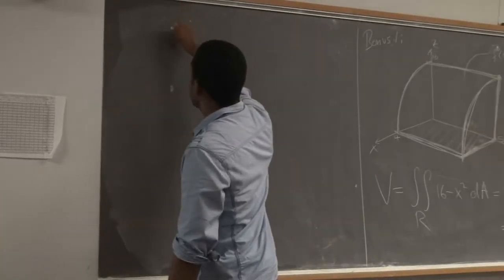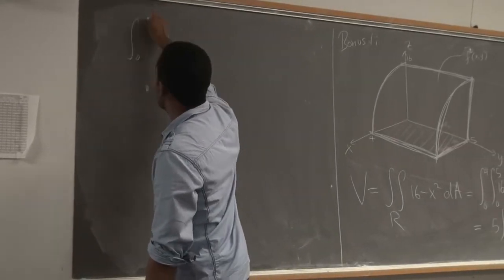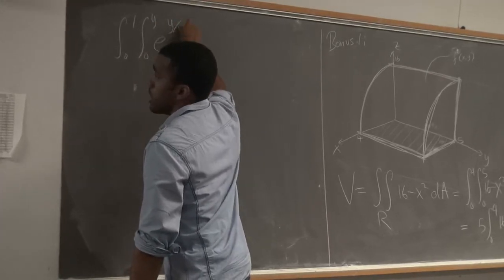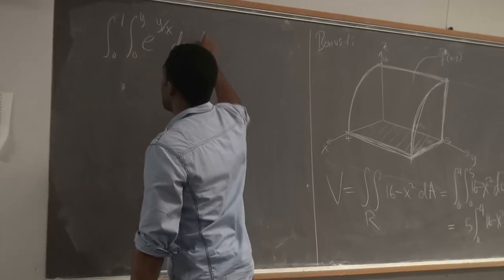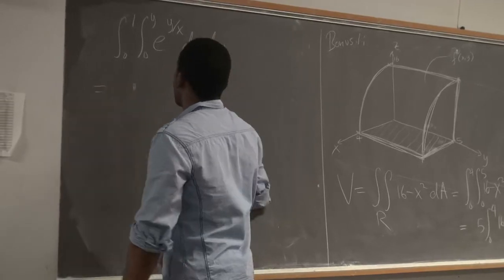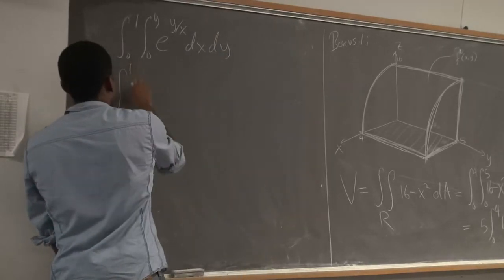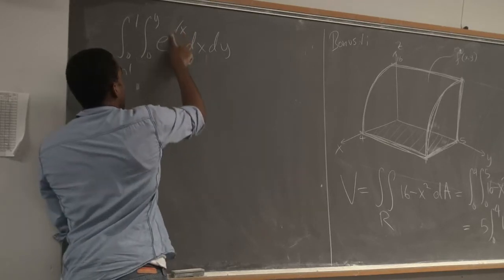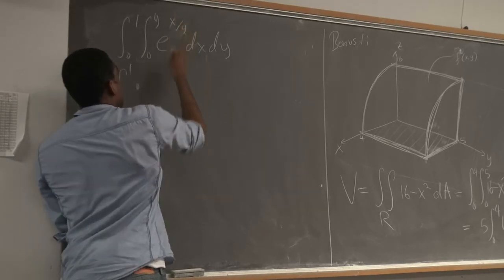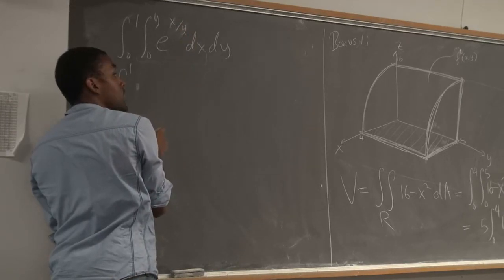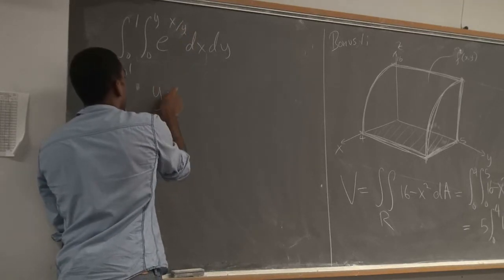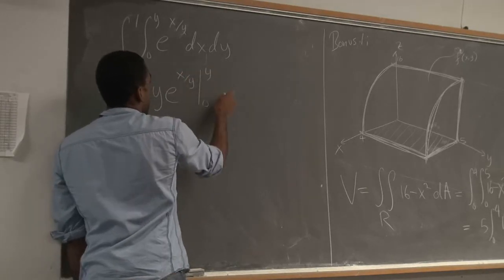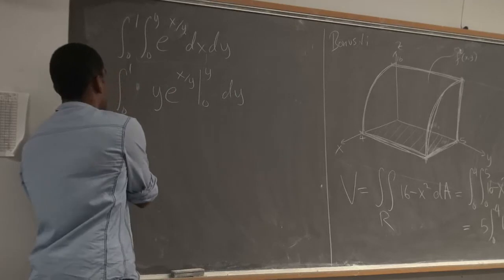So the integral would be, if you have 0 to 1, 0 to y, e to the x over y, dx dy. This would be equal to the integral from 0 to 1. Now remember you do the inner integral first. So what would the integral be? y e to the x over y, between 0 and y.